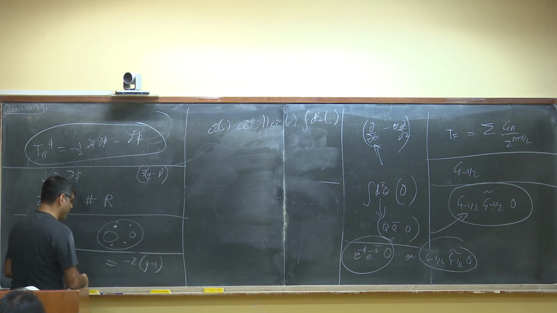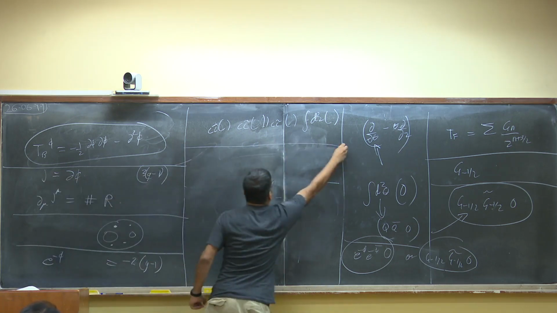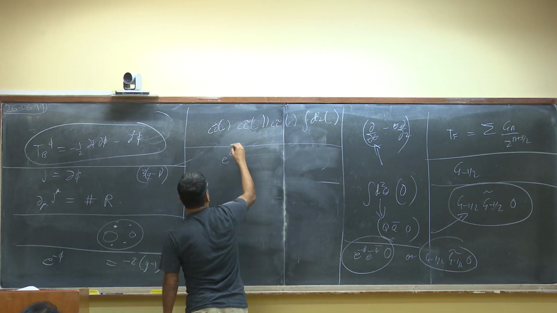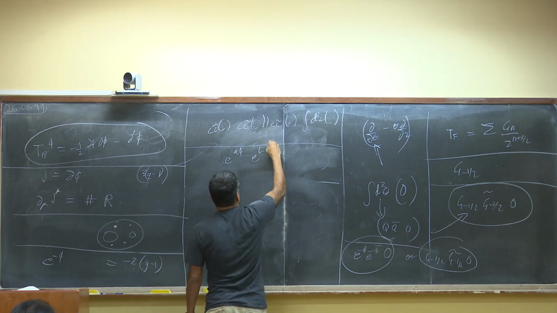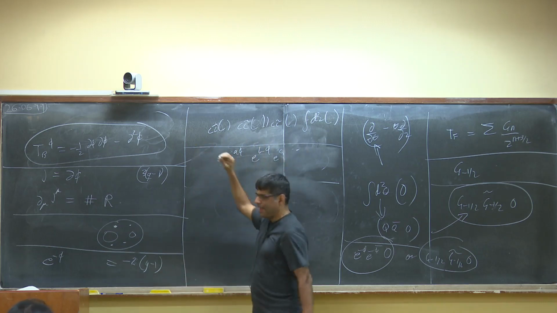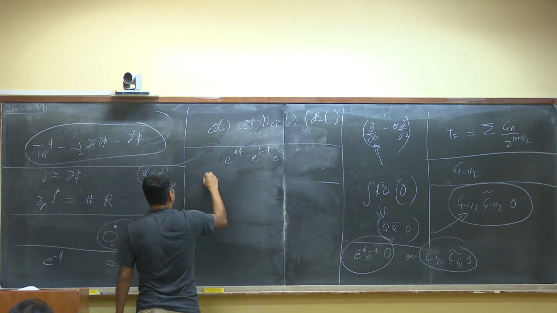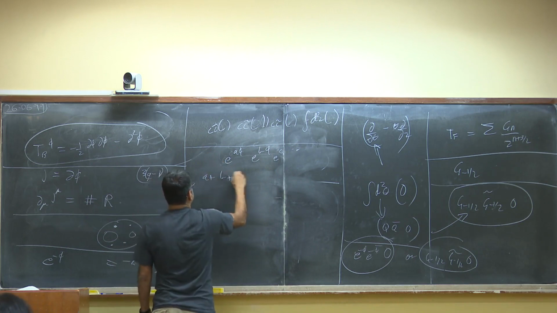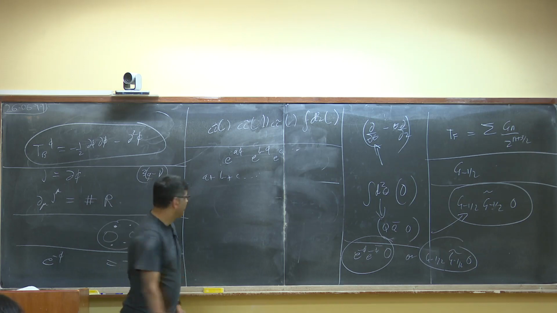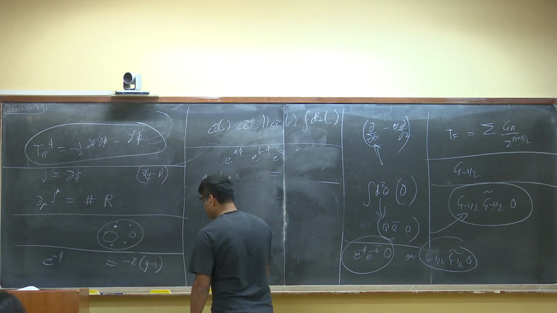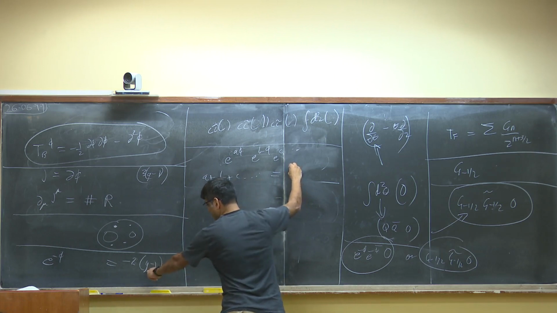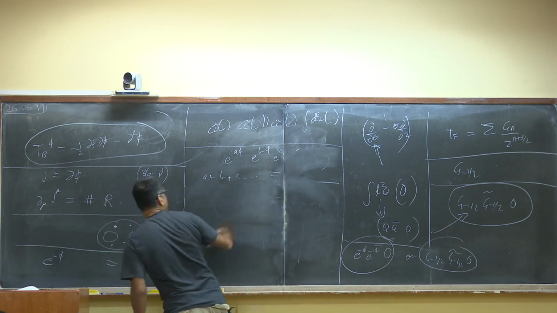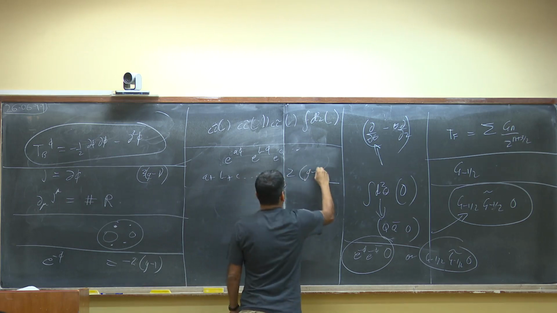Okay, so let me say this more. Suppose you have e to the power a phi, e to the power b phi, e to the power c phi, and I define the total charge as a plus b plus c. This has to be equal to 2 into g minus 1.